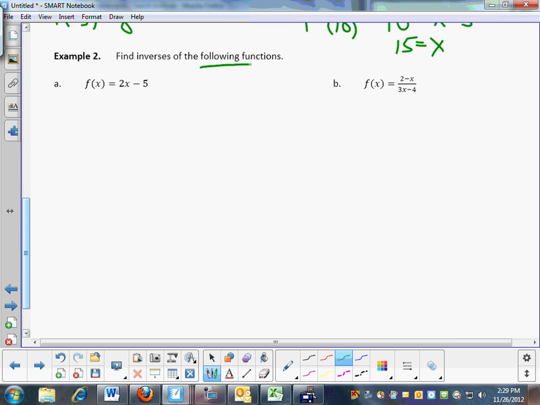Now it says find inverses of the functions. So we said in order to find the inverse, you switch what? The x and the y values. So instead of y equals 2x minus 5, I have x equals 2y minus 5. How do I solve that?